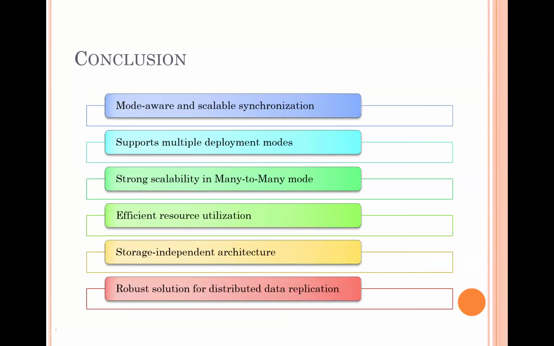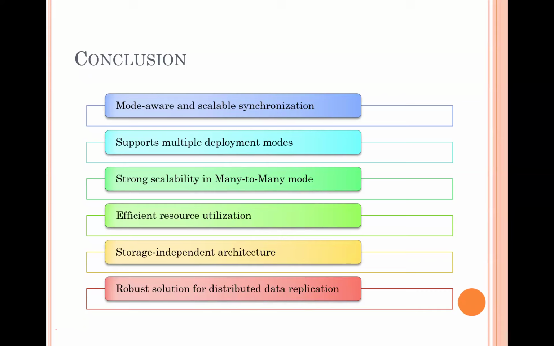Finally, to conclude, multisync provides mode-aware and scalable synchronization, which means it can adapt to different deployment scenarios easily. It supports multiple deployment modes, giving flexibility depending on the system requirements. It shows strong scalability in many-modes, efficiently handling large distributed data transfers.